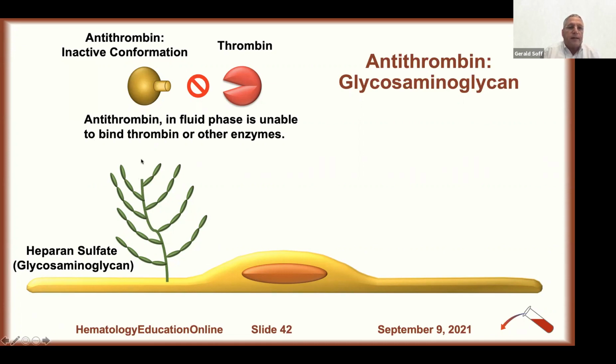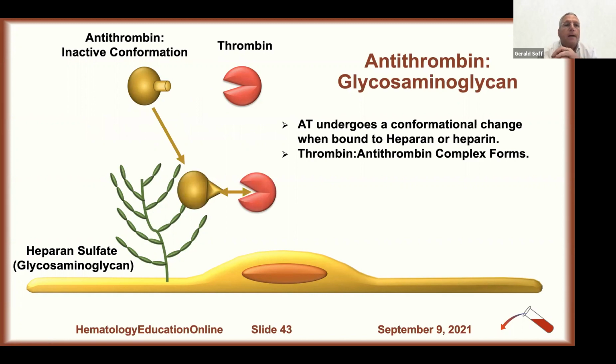You can see it looks like a tree in a way. This is the core protein, and these are the active side chains, the glycosaminoglycan side chains. This is heparan sulfate, and it's chemically very similar to heparin, as you all know, a very important drug. So in the natural state where the blood is flowing, you do not see any activity here.